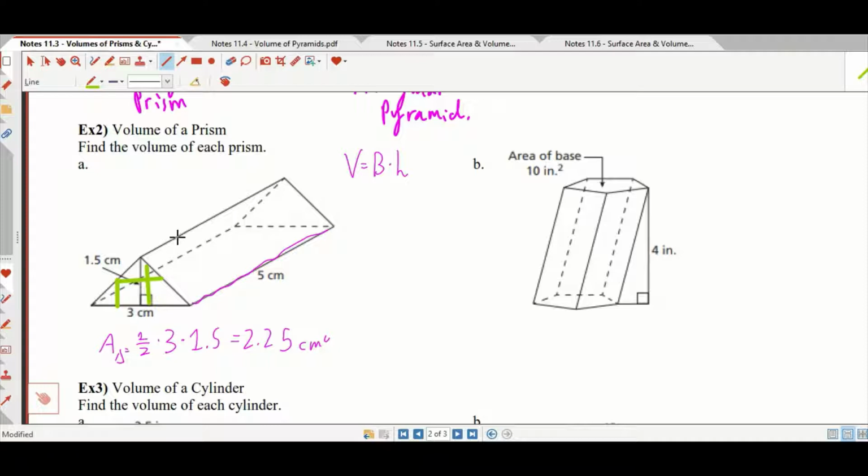And now, if we imagined making that three-dimensional, each of those little layers would have 2.25 cubes in it. And since it goes 5 back, there would be 5 layers of that. So we're going to do 2.25 centimeters squared times 5 centimeters, and that's going to be 11.25 centimeters cubed.